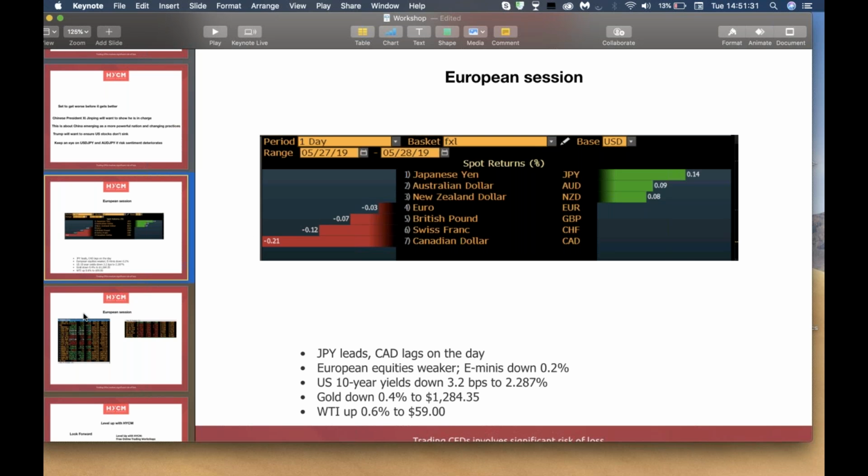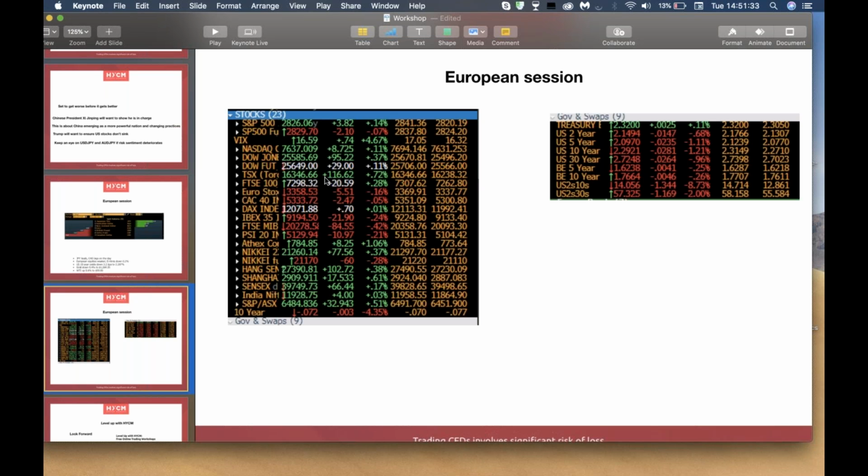We saw the fall in the European indices, and overnight there'd been some pickup in sentiment, with the Hang Seng, the Shanghai, the Sensex, and the Nikkei increased 0.37%, 0.38%, and 0.61%. The Shanghai Composite was up to nearly 1% at one stage.